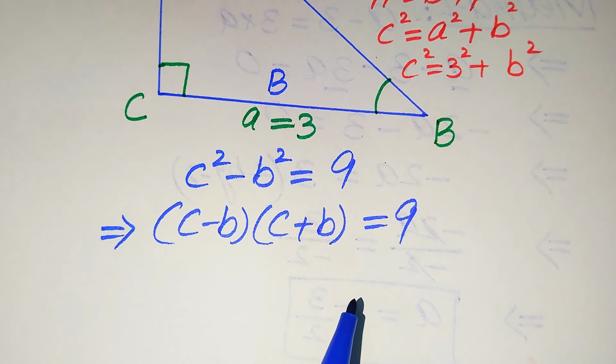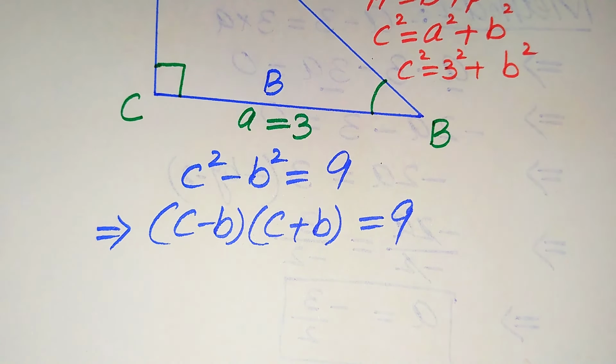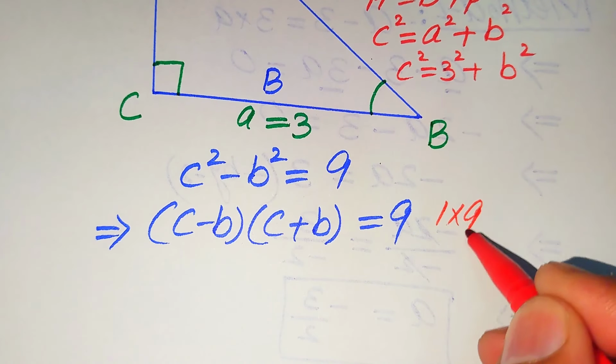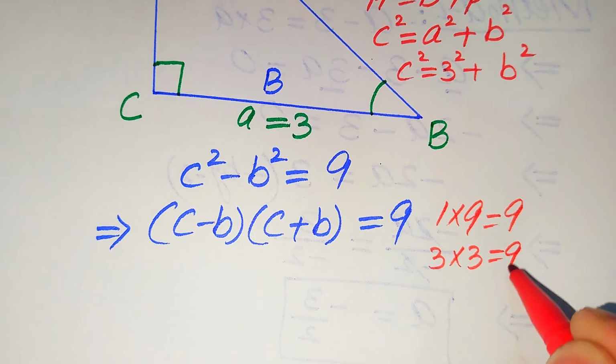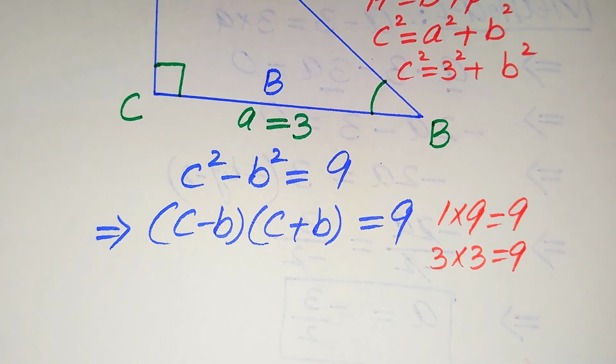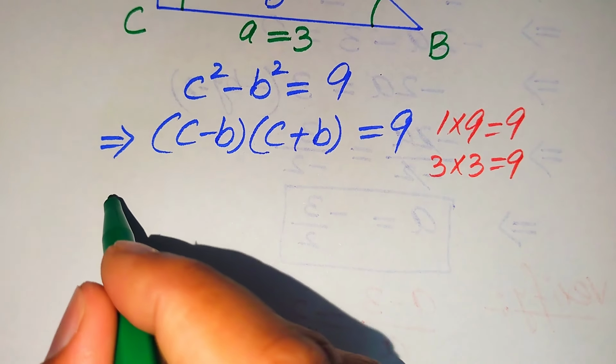So first we need to find any two positive integers whose product is 9. The possibilities are 1 multiplied by 9 equals 9, and 3 multiplied by 3 also equals 9. So there are two possibilities, and we divide this into two cases.